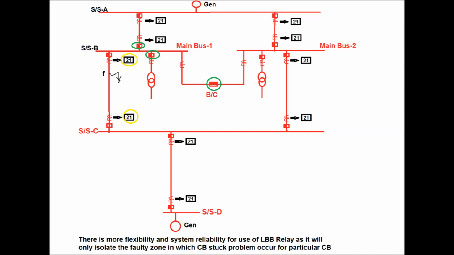That is, in this case it will isolate only the main bus 1 circuit breakers, but power still flows uninterruptedly via main bus 2 from the substation B end. So this is the added advantage of the LBB relay for a 2 bus system.